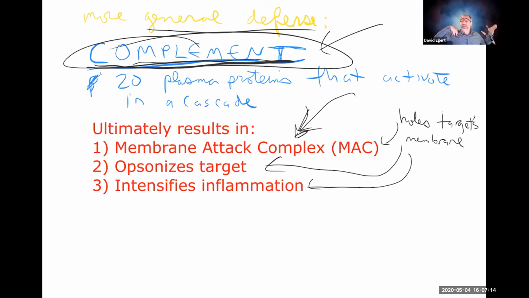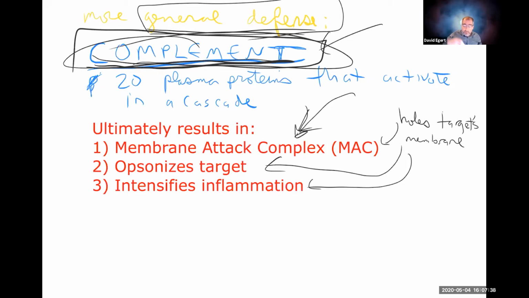Antibody is kind of like a little sticky wicket thing, but then all of a sudden complement starts happening, and holes start opening up all over my body, and the phagocytes see me and try to eat me, and it's like, oh my God, this is bad news. So complement can be activated just because things don't look right as part of general defenses, but will also be playing an important role in specific defenses, which is how they get their name, complement. They complement different aspects of the immune system.